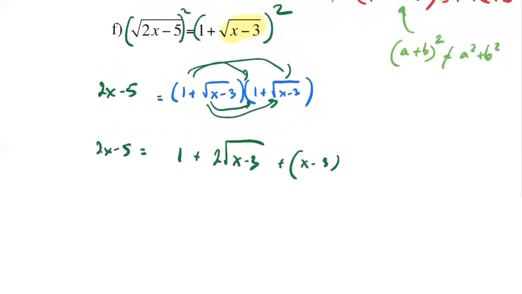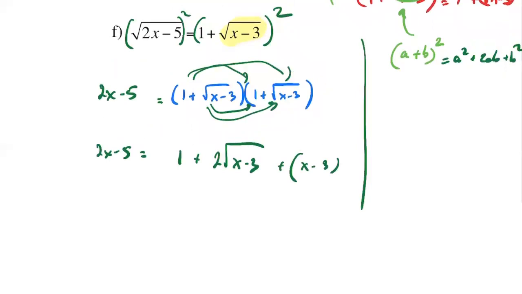It's kind of like (a plus b) squared, so you get a squared plus 2ab plus b squared. Your a is 1, so 1 squared is 1. Your b squared is the square root of x minus 3 squared, which becomes this term. And then 2ab is right here.